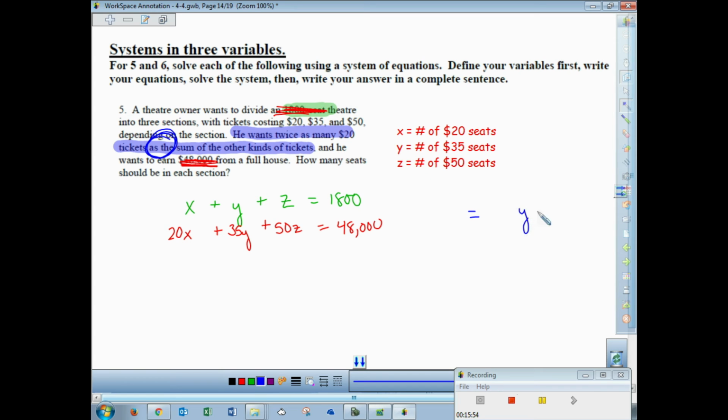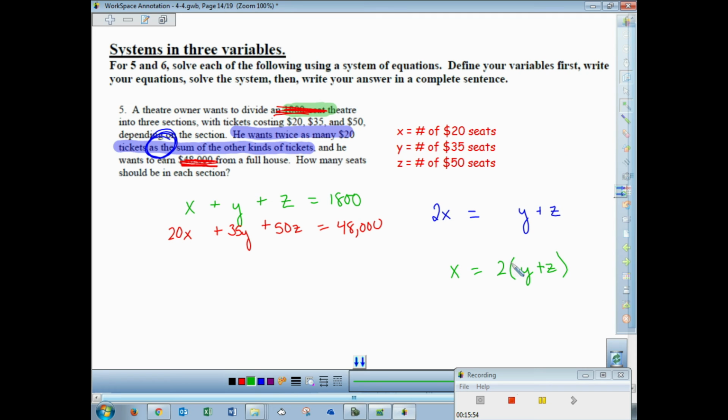I definitely need the sum of those, and I need twice as many of these to equal the $20 tickets. So you've got 2 options basically, this option in blue, or this option here in green.